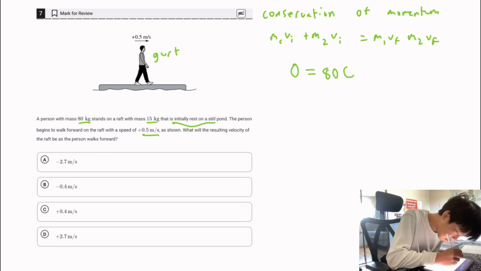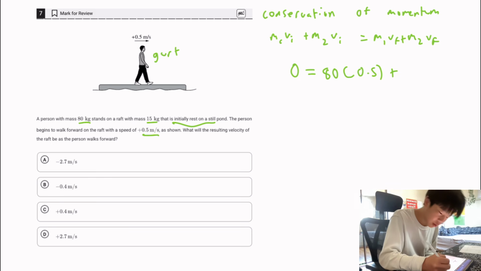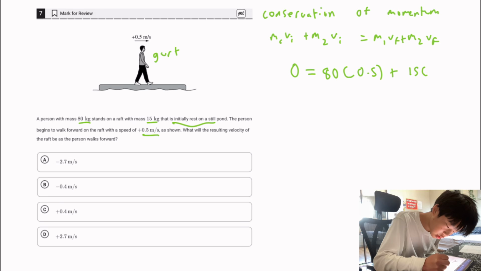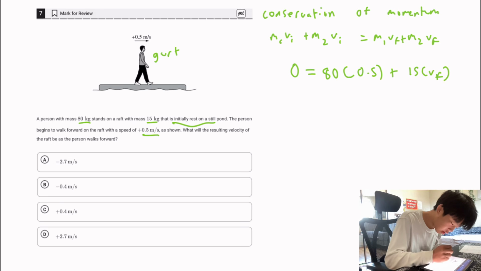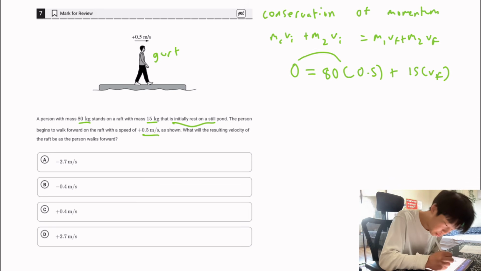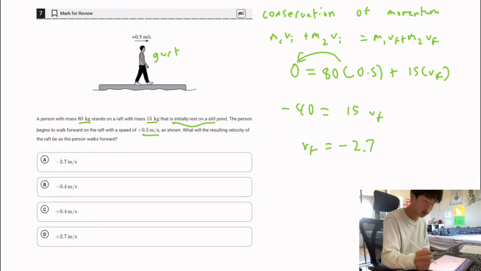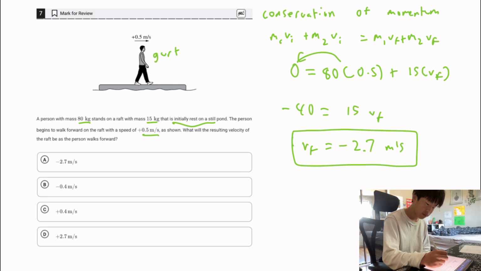He's Gert. 80 times 0.5, because that's the velocity, plus 15 times VF. What are they asking for? They're asking for VF. So we're going to move the 40 to this side. 40 is equal to 15 VF. VF is equal to negative 2.7 because there's a negative sign. Meters per second. So that's going to be our answer.